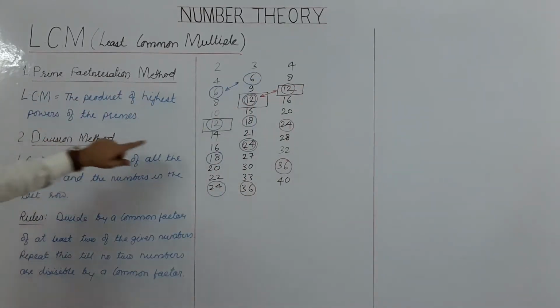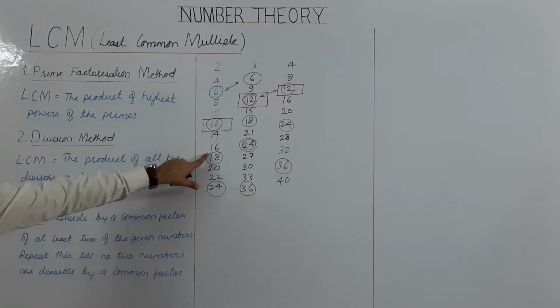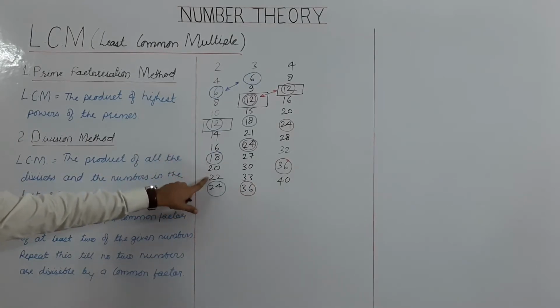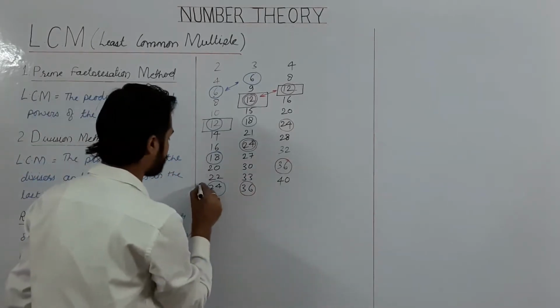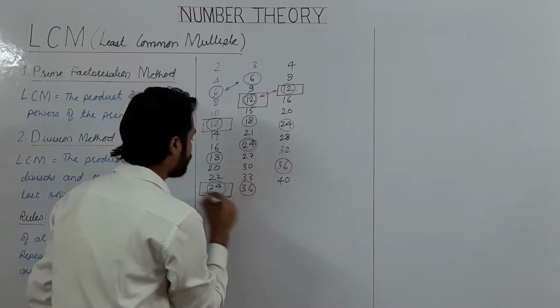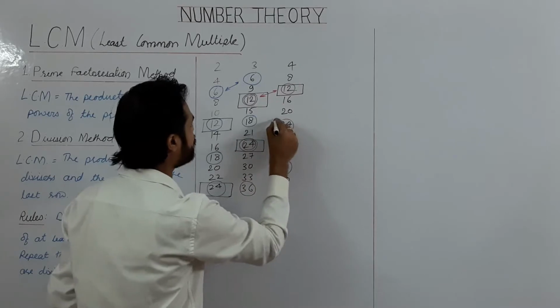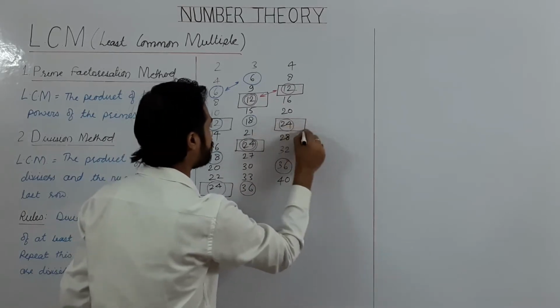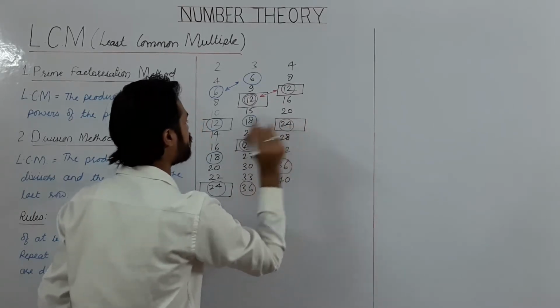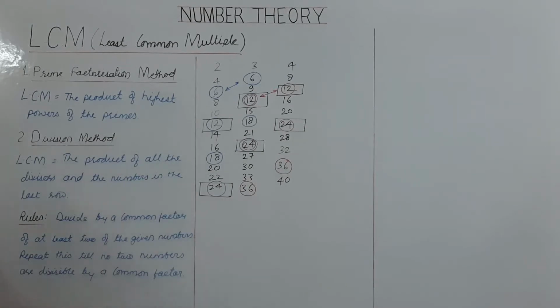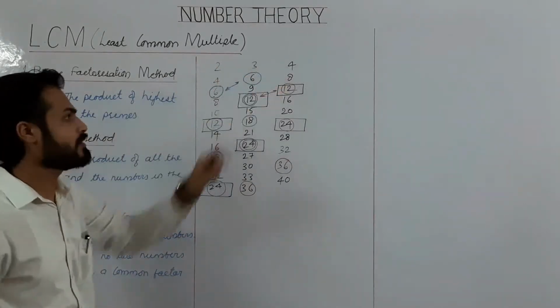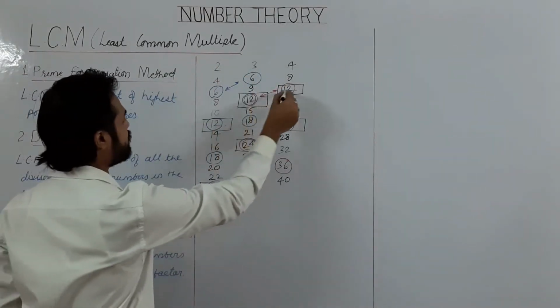After 12, 14, no. 16, no. 18, 20, 22, 24, yes. 24 is also a common multiple for 2, 3 and 4. But we are looking for least common multiple. So least common multiple or LCM of 2, 3 and 4 is 12.